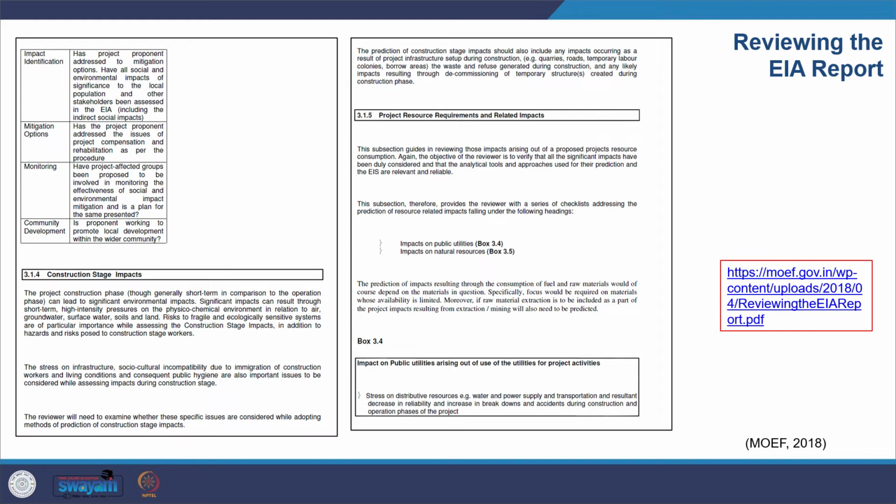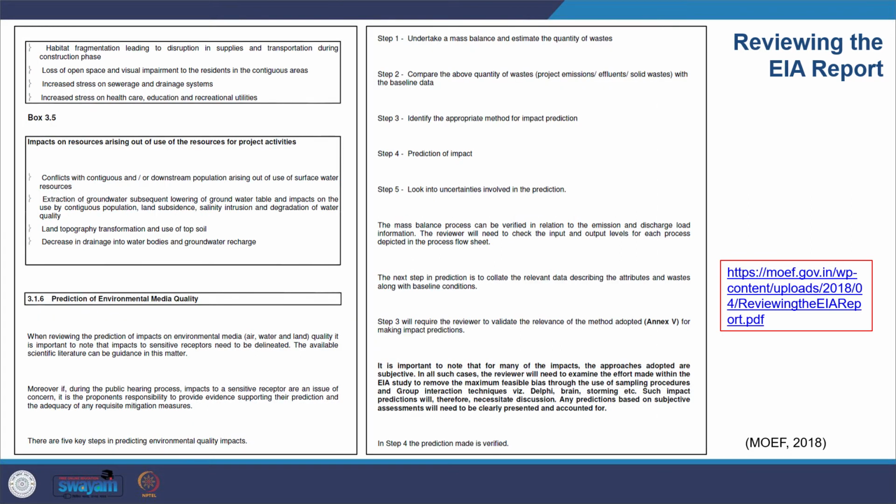And also at different stages: construction stage impact, then project resource requirements and related impacts. They would be using these as a checklist and reviewing all these aspects. And then prediction of environmental media quality, how you have taken care of it. We have studied resource balance here.